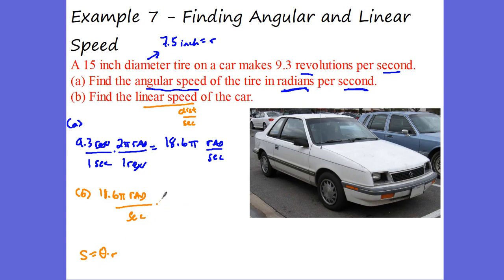We can multiply by 7.5 inches. If I take 18.6 times pi times 7.5 on my calculator, I end up getting 438.25, and my units are inches per second, and that would be the linear speed.